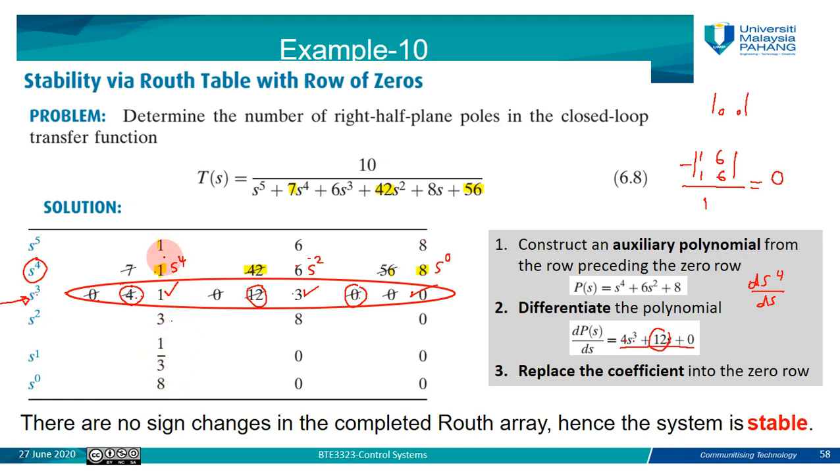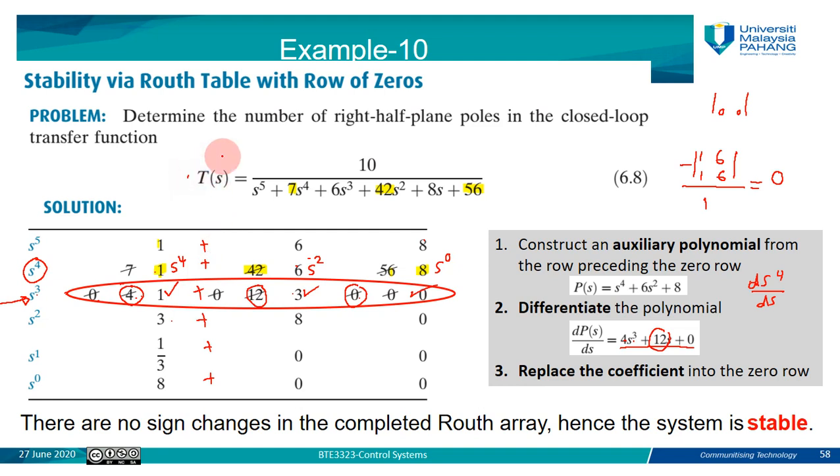All the elements in the first column of the Routh table here are positive. Since all elements are positive, there is no change in the sign of the elements in the first column, which means our system is stable.